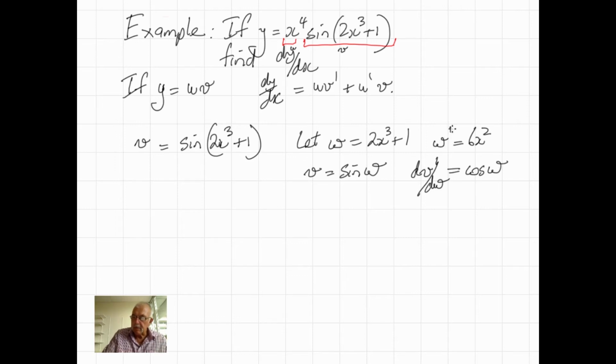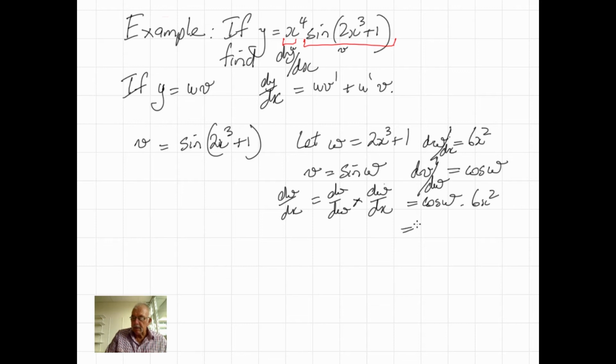So this w' is dw/dx. Be clear about what we find the derivative with respect to. We want v', which is the derivative of v, so dv/dx by the chain rule is dv/dw times dw/dx. We substitute in dv/dw is cos w, and dw/dx is 6x squared.